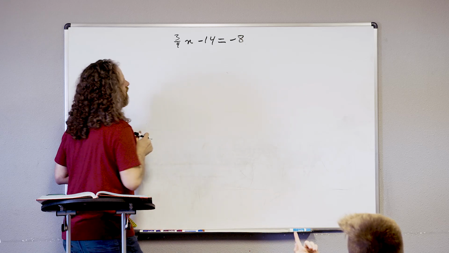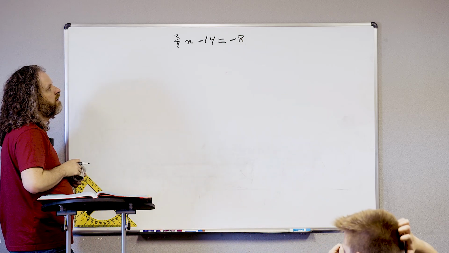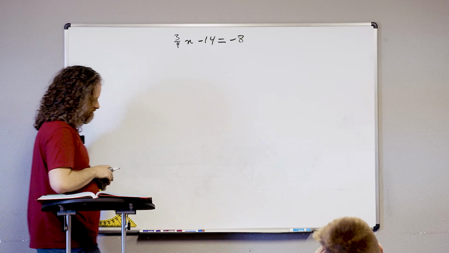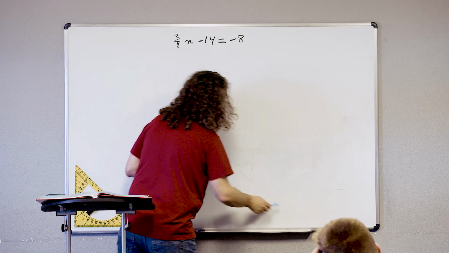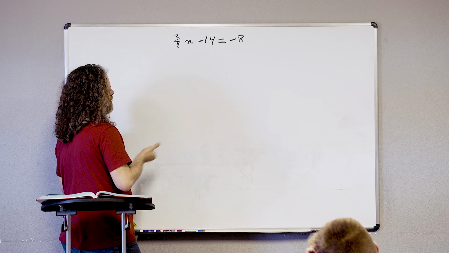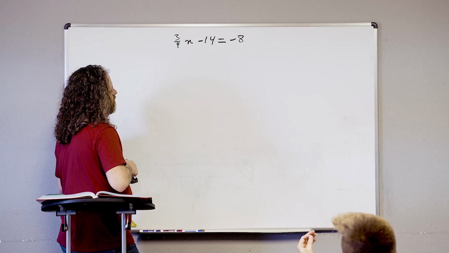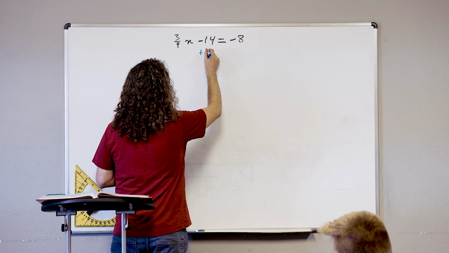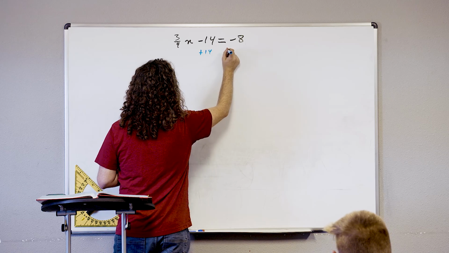Yeah, I put the 14 at the very end. That makes sense. Does this make sense? I basically just reversed the 14 and the 3/4 n. When we have less than, we've got to make sure we put it at the end because it changes it.